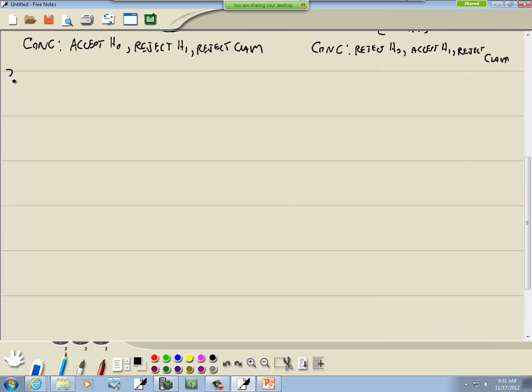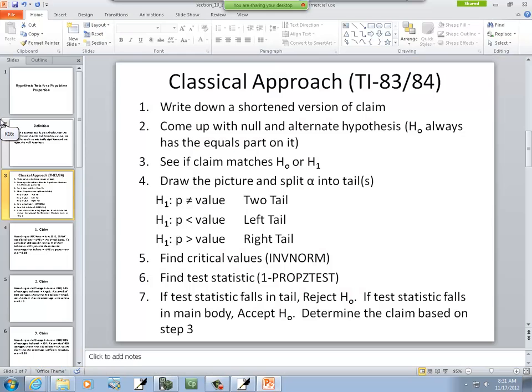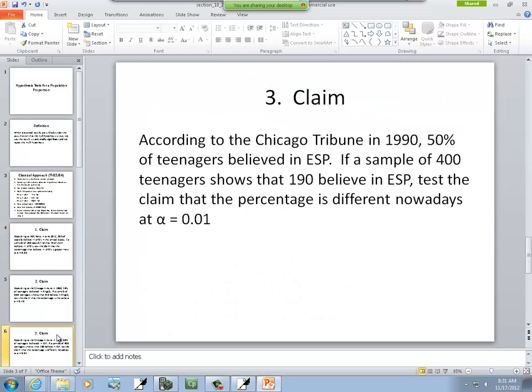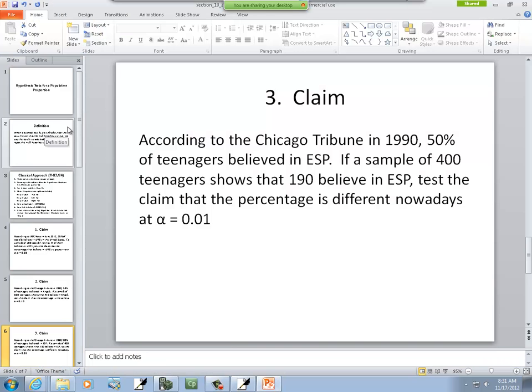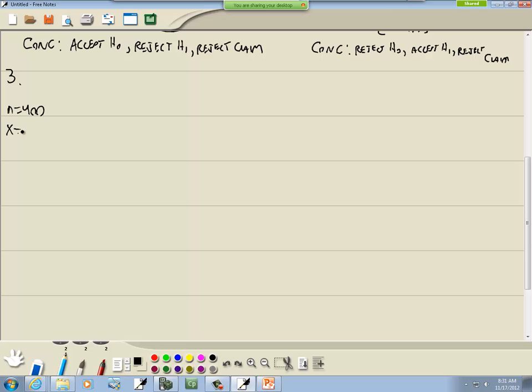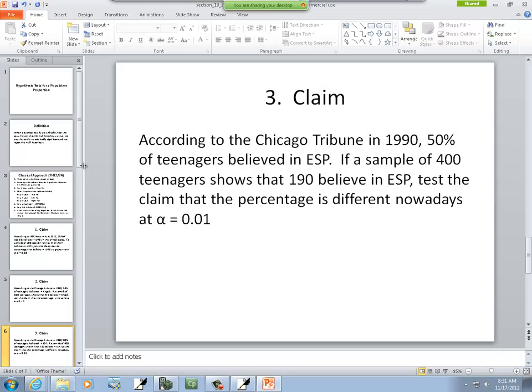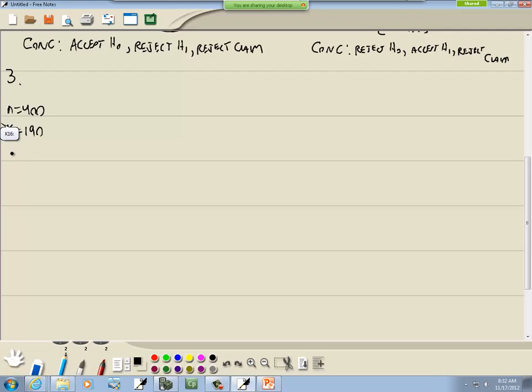Let's look at our third one here. According to the Chicago Tribune in 1990, 50% of teenagers believe in ESP. If a sample of 400 teenagers, N is 400, show 190 believe in ESP. So X is 190. Test the claim that percentage is different nowadays that alpha is equal to 0.01.